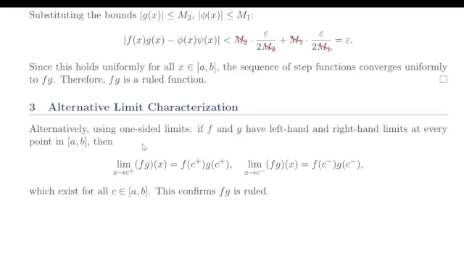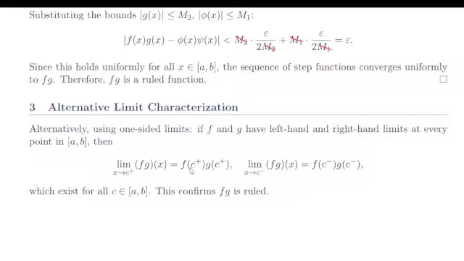Now, the other way to do this is to look at the one-sided limits. So we're looking at some point c, from the right and the left, and f times g of x. When you take the limit, it's going to be the product of limits.